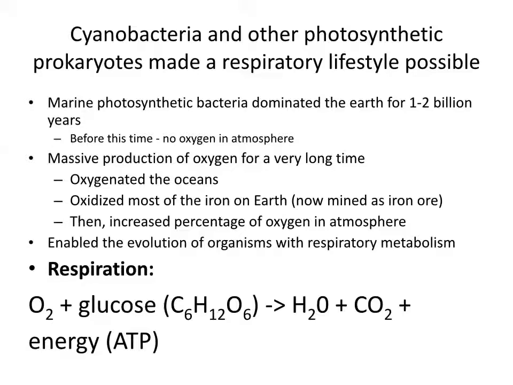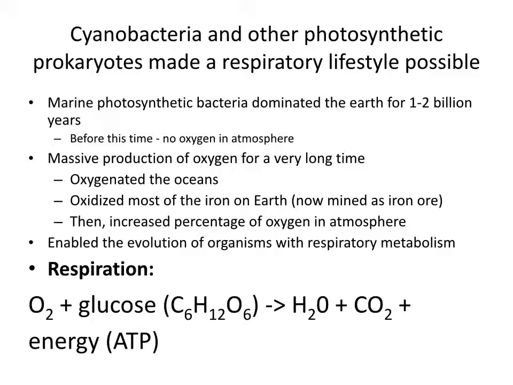And then after that, the percentage of oxygen increased to what we see today, and we had that chart of the constituents of the atmosphere from the last lecture. So respiration, which is how we get energy, is oxygen plus fixed carbon, glucose, leading to water, carbon dioxide, plus ATP.